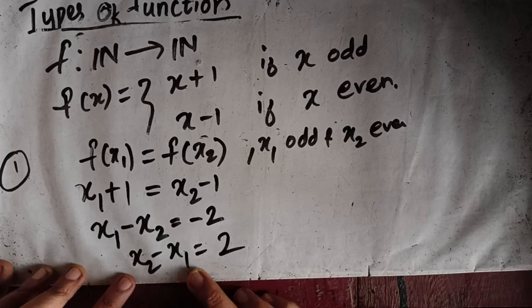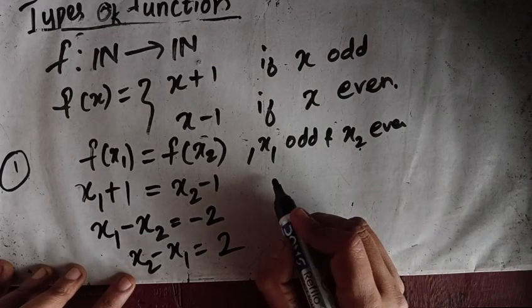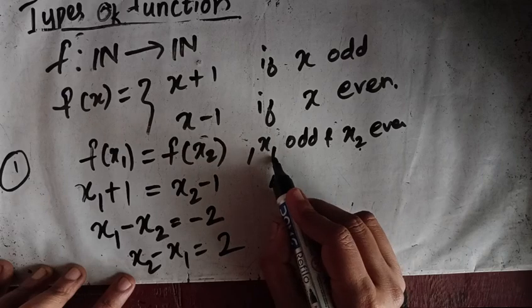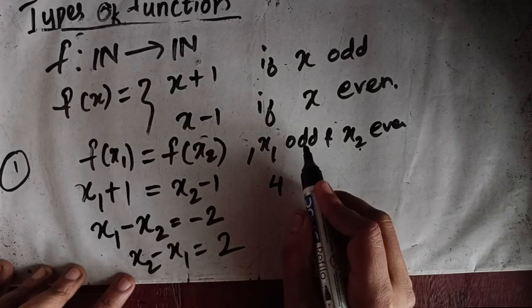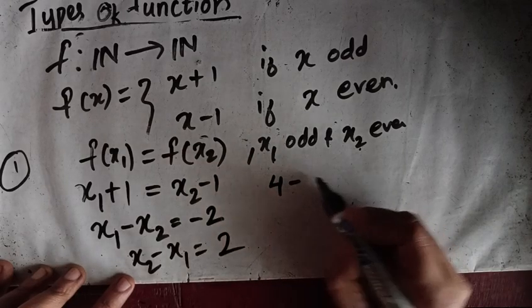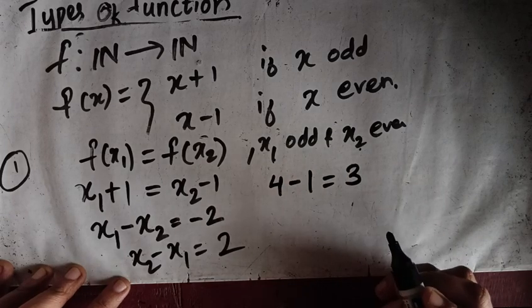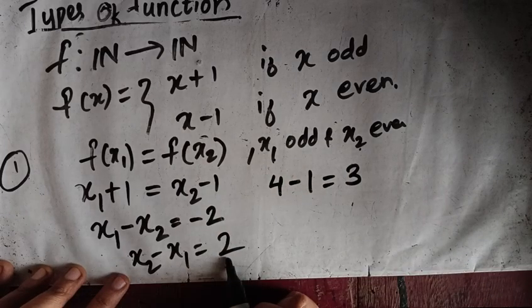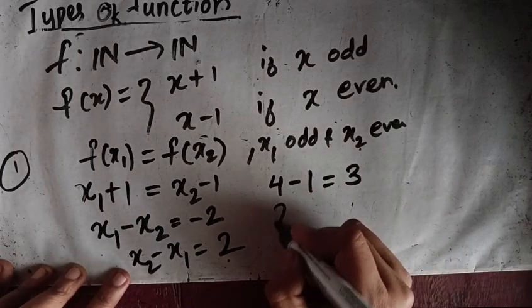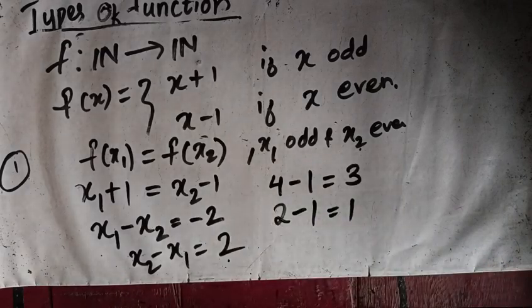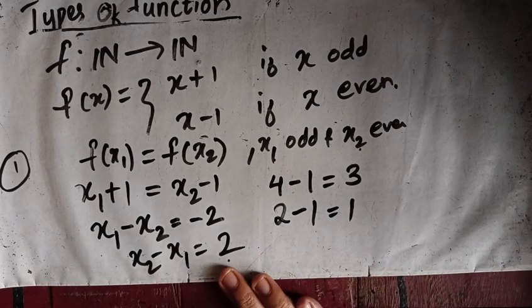So if I take x2 even, say 4, and x1 an odd number, say 1, so you'll get 3, right? You'll not get 2. This is not possible. If you take, say, 2 minus 1, you'll get 1. You'll get an odd number, okay, not an even number.